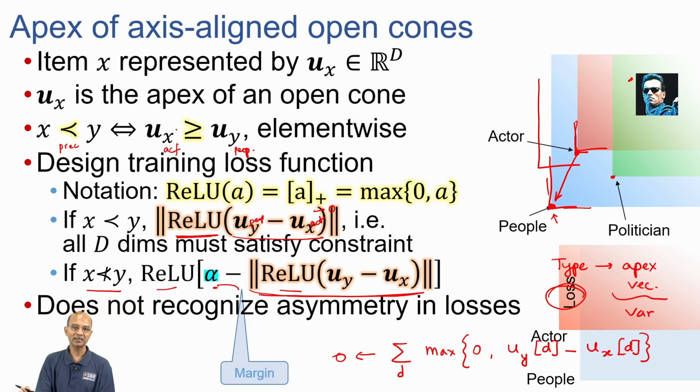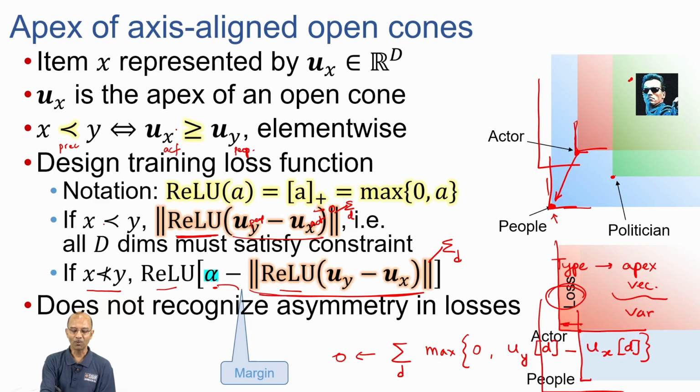You can verify in exercises that this will give the desired behavior. This still does not recognize a certain asymmetry in the loss, because this is a sum over dimensions and that is also a sum over dimensions. Remember that in multiple dimensions, it's enough for the actor to violate its constraint in one dimension. It doesn't need to violate it in both dimensions.